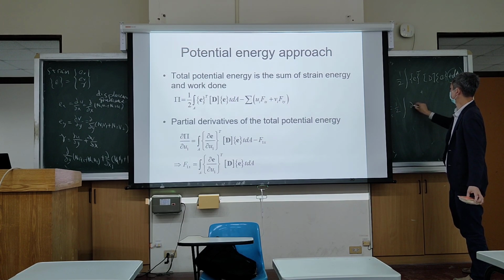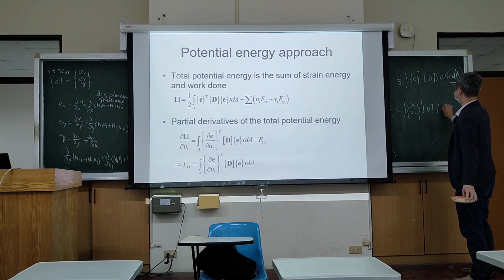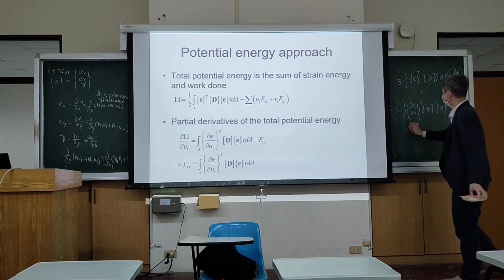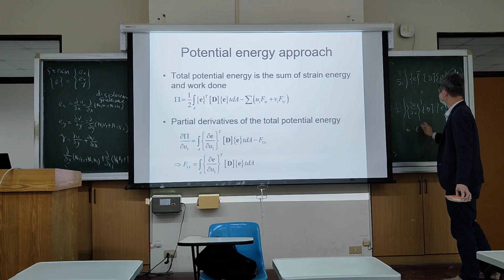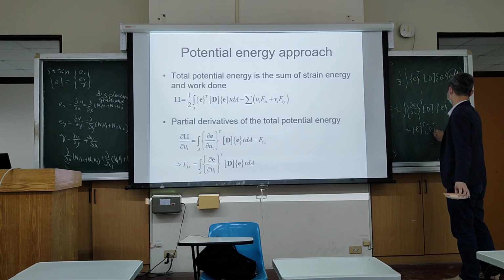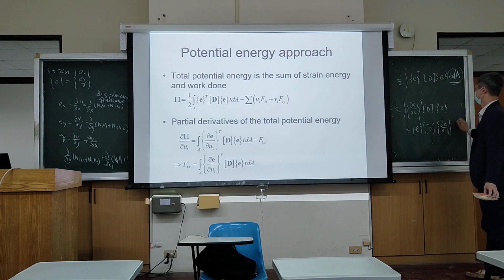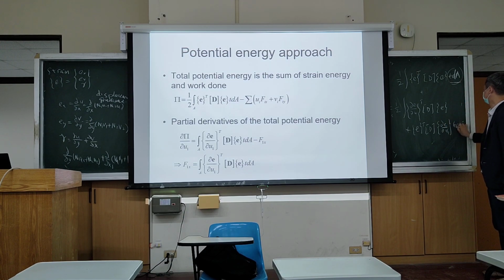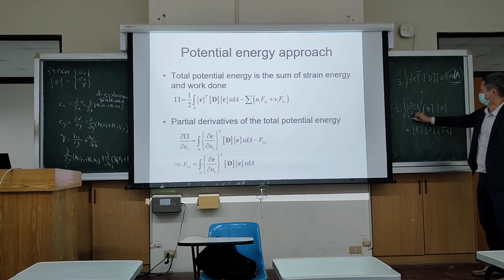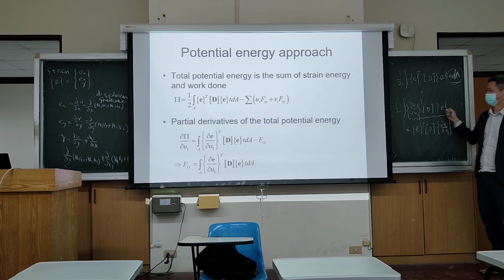I can differentiate del E del U1, D and F1 E, and then plus E transpose D del E del U1. Okay? And then this one will be A. They look different.